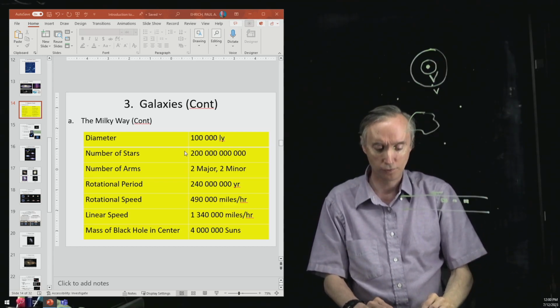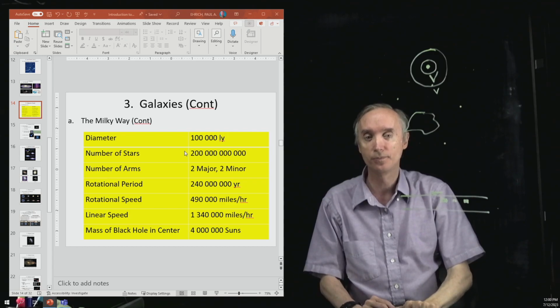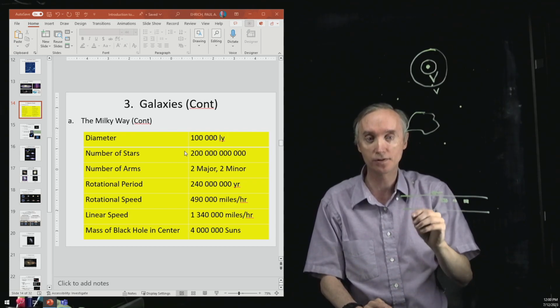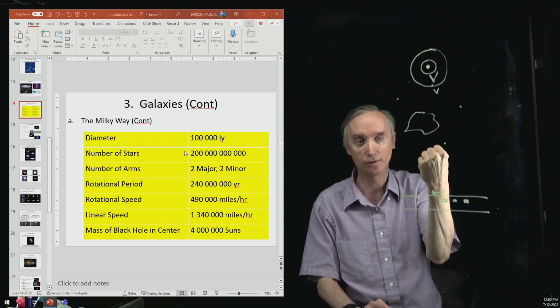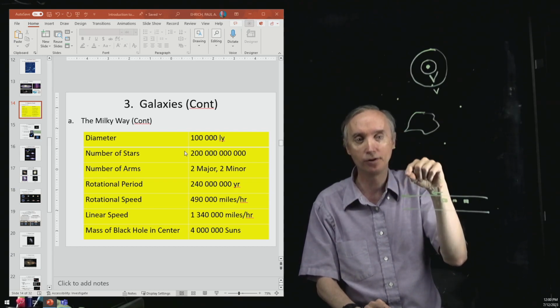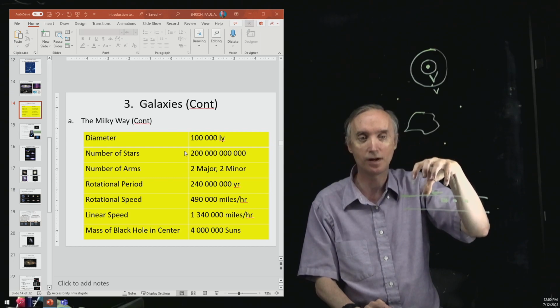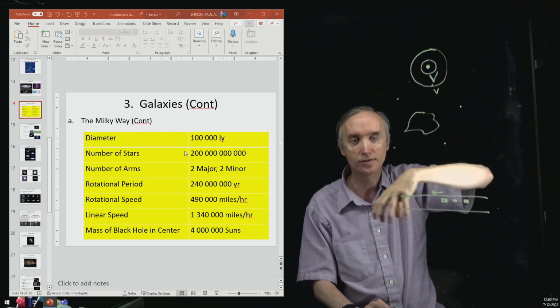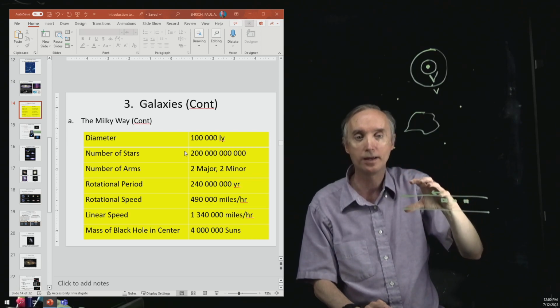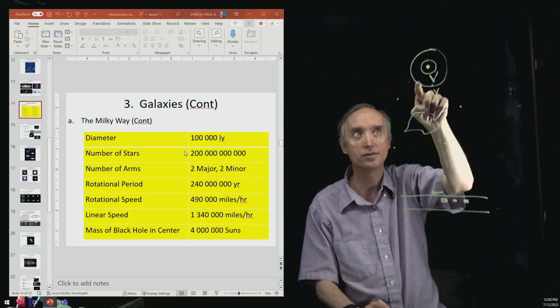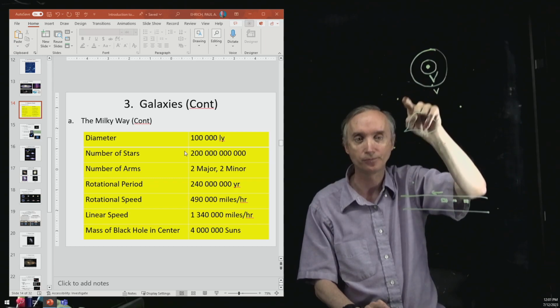Also, if you recall, we talked about Saturn, and the rings of Saturn that were composed of pieces of ice about the size of your fist. Every one of those pieces of ice was moving around Saturn at different speeds because they all were obeying Kepler's laws. Different distances, different speeds.